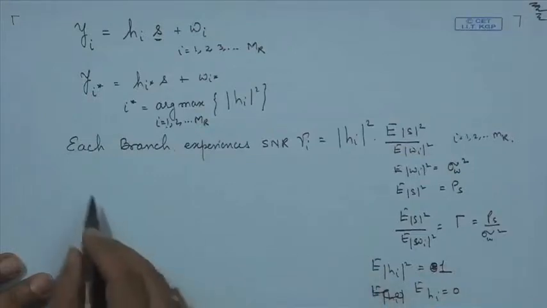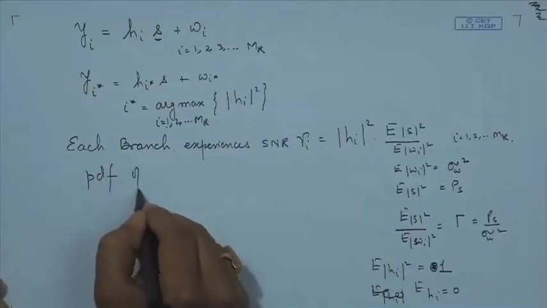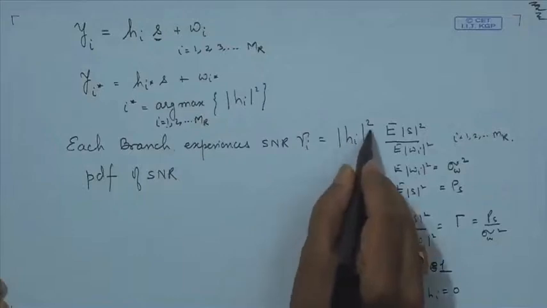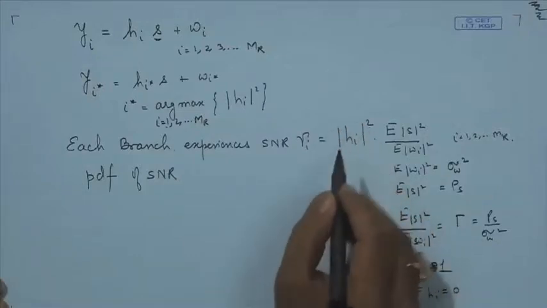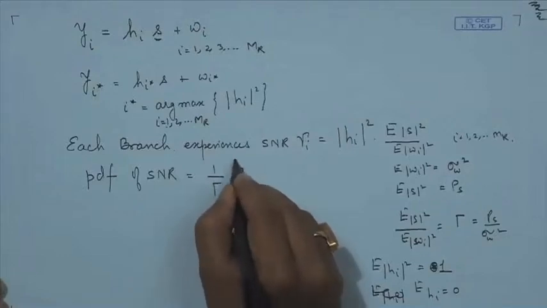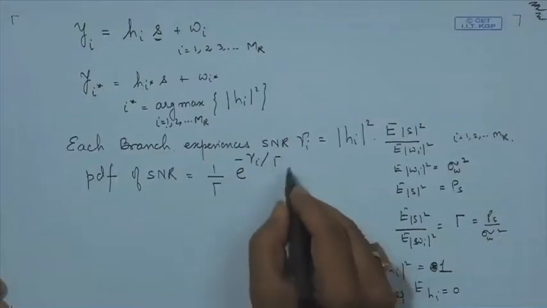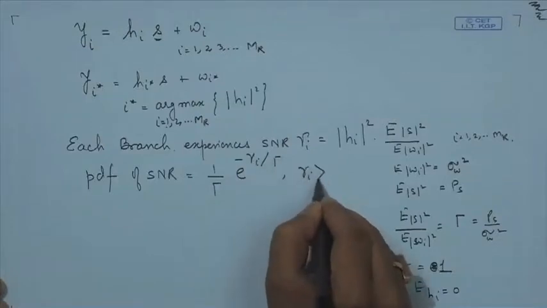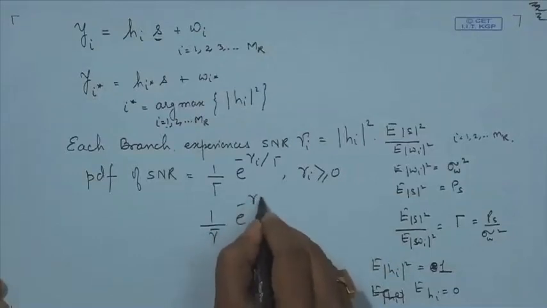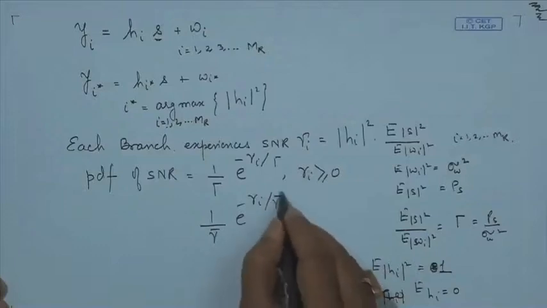So, in the case of the exponential distribution, the PDF of the SNR, that means when this is Rayleigh, this is chi-squared or exponential distribution, is given by 1 by capital gamma e to the power of minus gamma_i by capital gamma, where gamma_i is greater than or equal to 0. We could also write it as 1 by gamma bar e to the power of minus gamma_i by gamma bar, meaning this is the average received signal strength.